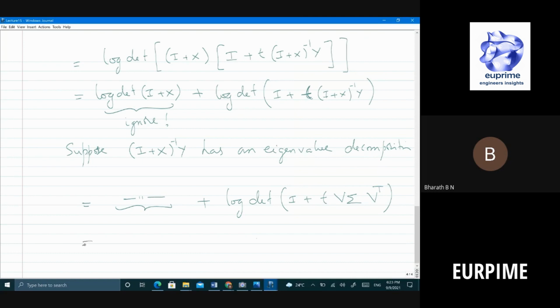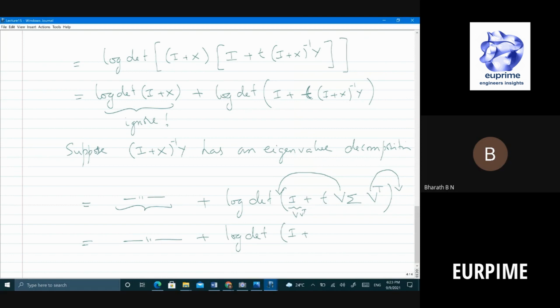Now the usual stuff, plus log of determinant of identity plus, well, now what happens? I can pull this V out here, this V transpose here. Do you agree? V transpose V is anyway identity, so I can write this as V times identity plus t sigma times V transpose. So I pull one V to the left and the other V transpose to the right.